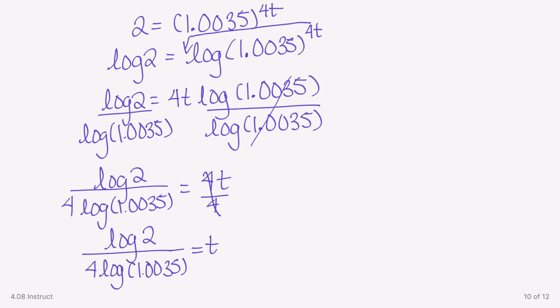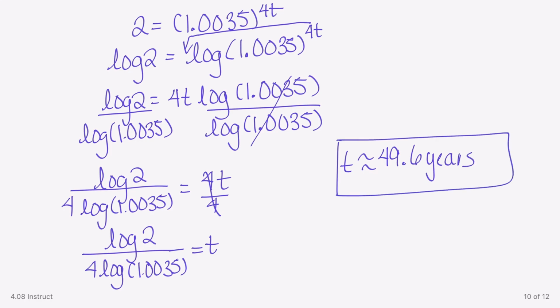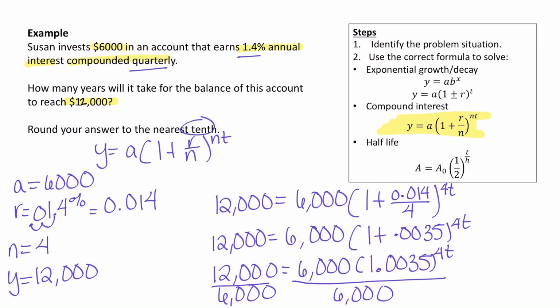What I can do now is go to my calculator and type that in to get an approximate number. So I'm going to do log of 2, enter, and then divide it by 4 log 1.0035. And when I solve that, my calculator tells me that t is approximately equal to 49.6 years. Okay, I rounded to the nearest tenth because that is what it told me to do in the original problem.